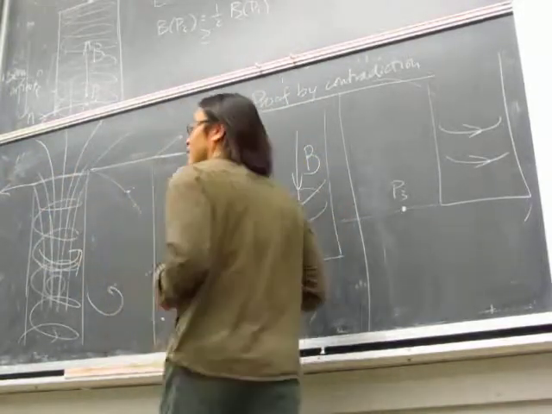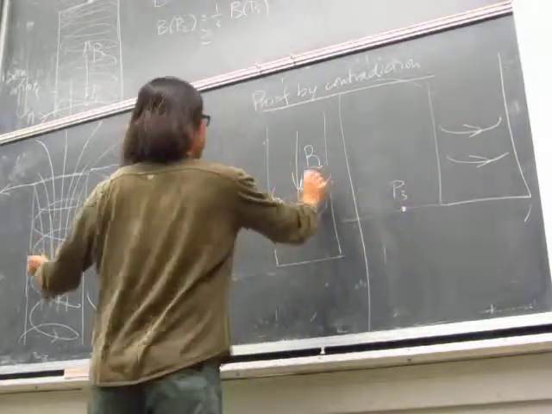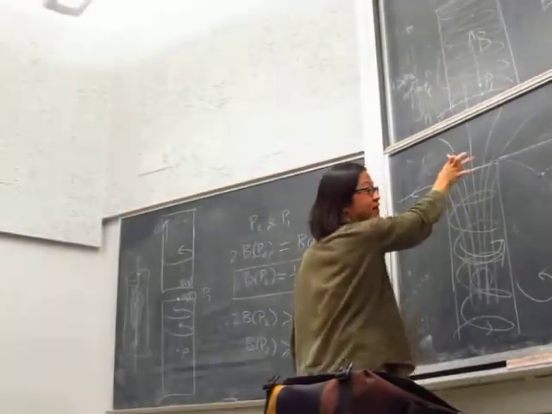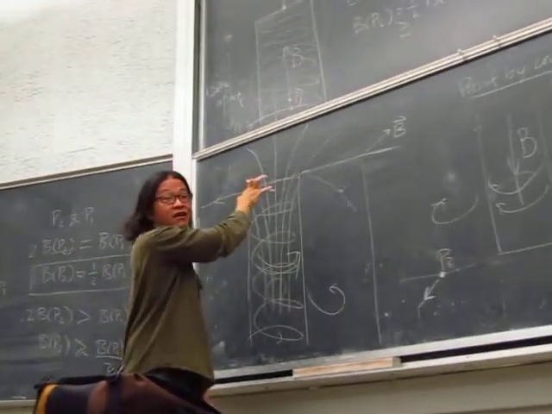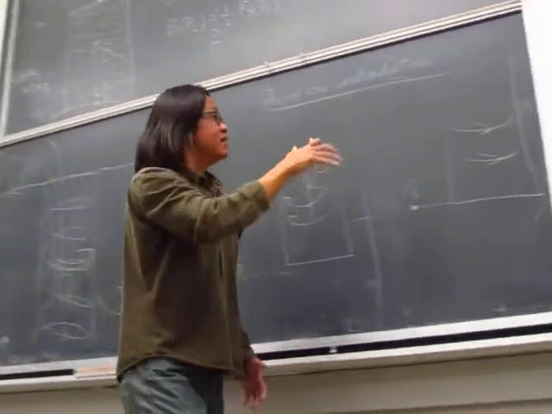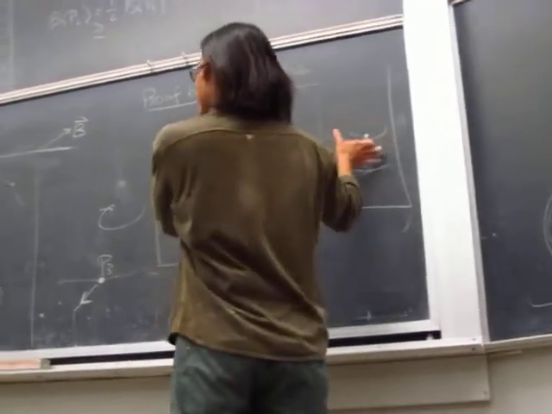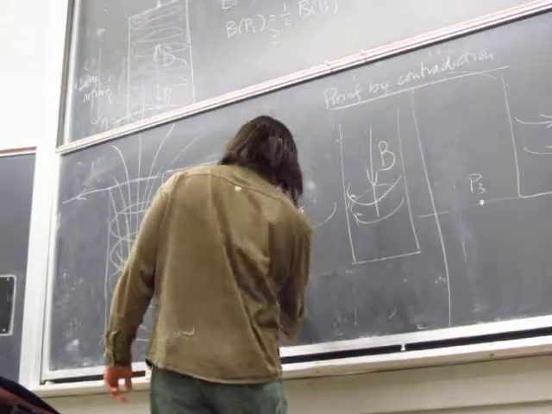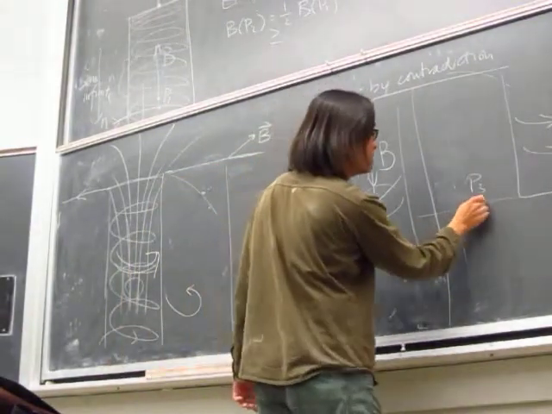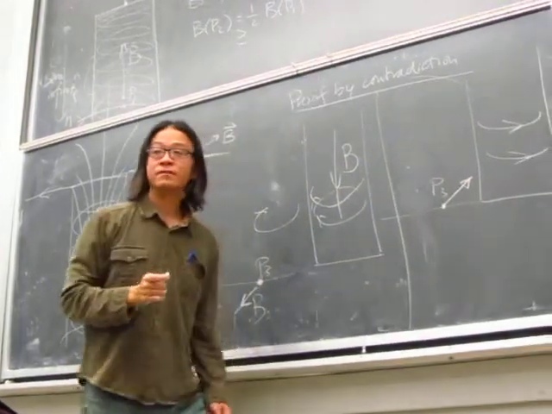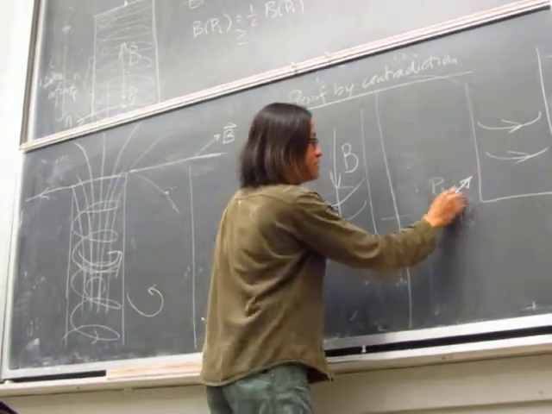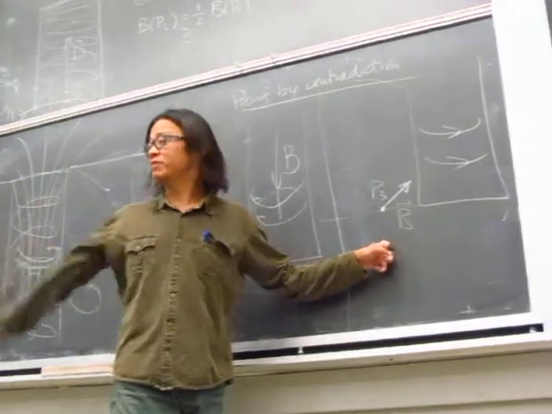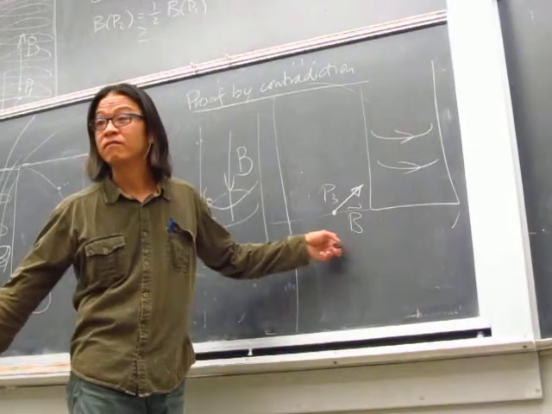Wait, so you just reverse the current? Yeah, you reverse the current, because ideally I want to couple this on top of that. So I have to reverse the current. I reverse the current, then if this B goes like that, then this goes like that. From Biot-Savart law, you flip all the current, all the B field flips.